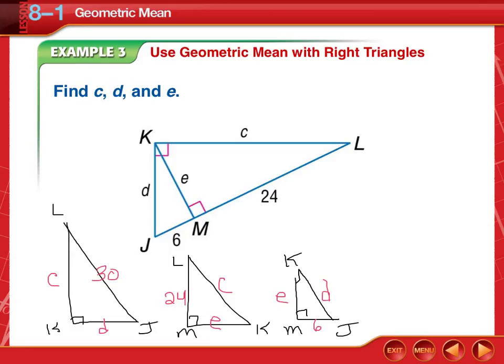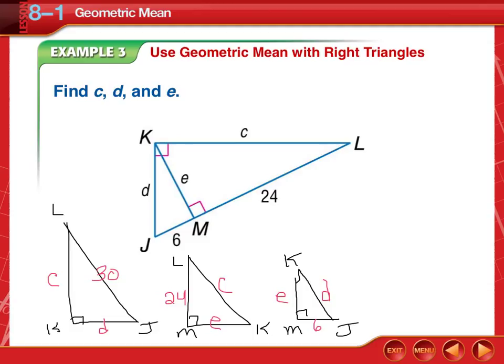So hopefully you can see a whole bunch of proportions that we can write and solve. So which one do we go for first? Well, I would look around. We know here the hypotenuse, and we have a label C for the hypotenuse of the medium triangle, C for LK, the long side, and we have a number for the long side.